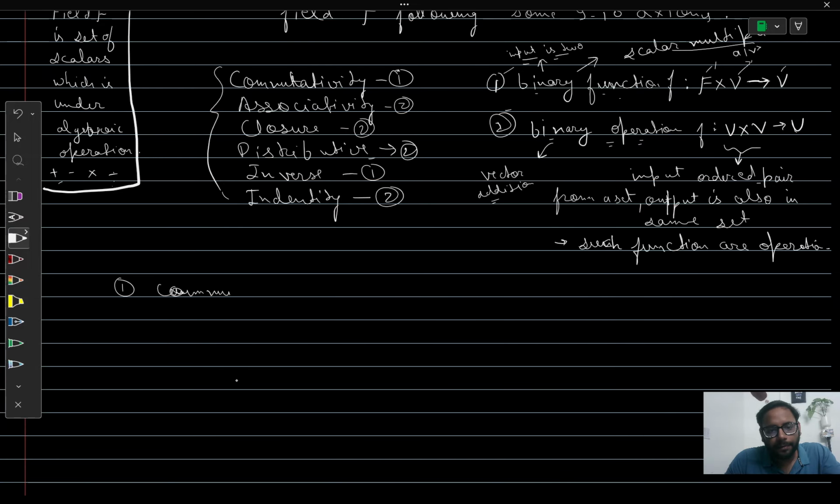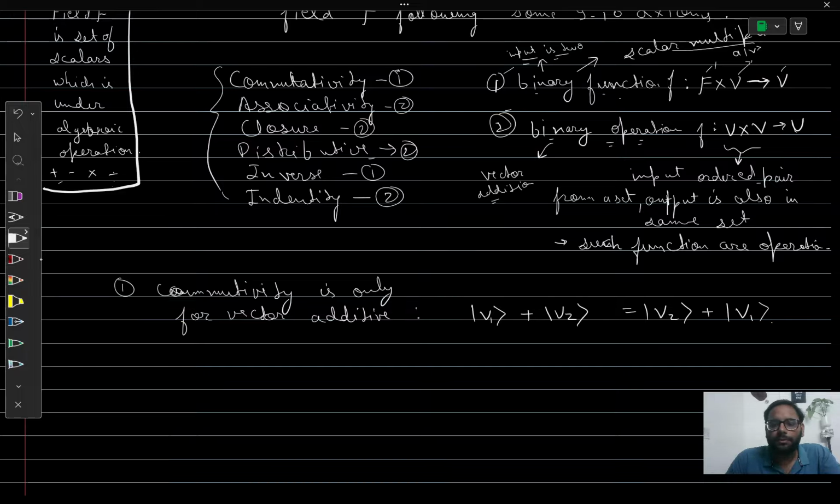Commutativity is only for vector addition. So this is only for vector addition.